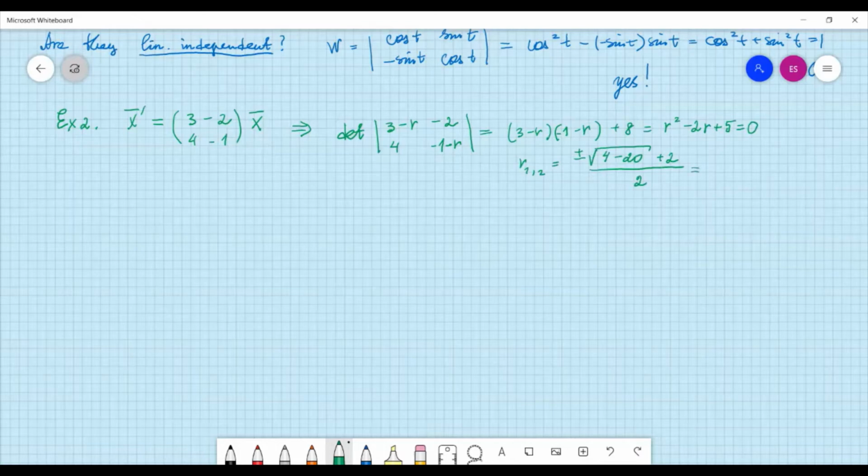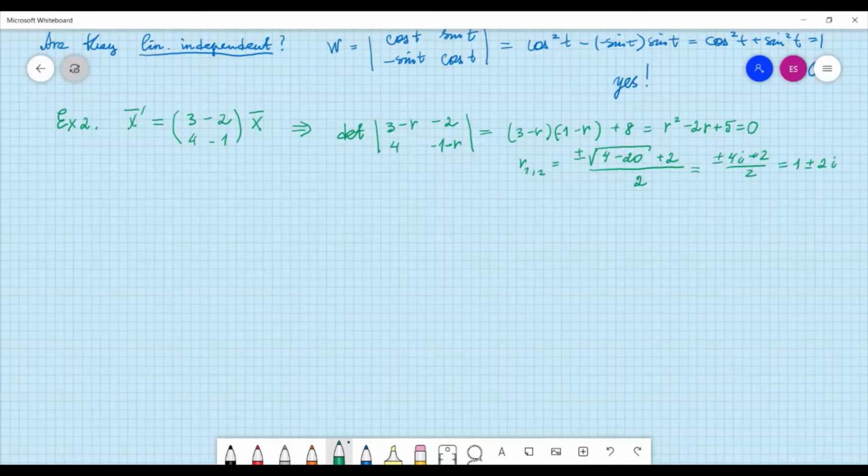Again, it's not the most complicated one, but it's the next level, a little bit more complicated. So what I have is minus 16. 4 minus 20 is minus 16. Extracting the square root is going to give me plus minus 4i, plus 2, divided over 2, which is going to give me 1 plus minus 2i. You see, a little bit more complicated. Now my complex eigenvalue has a real part too.